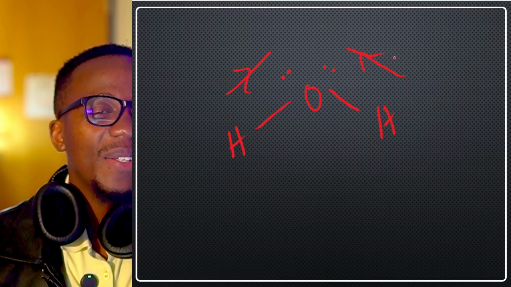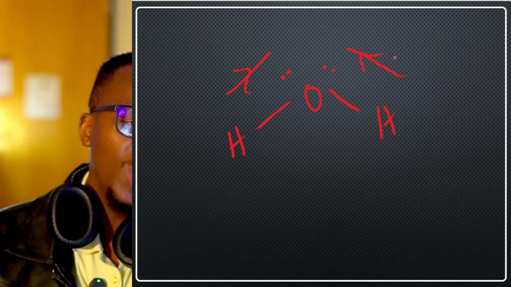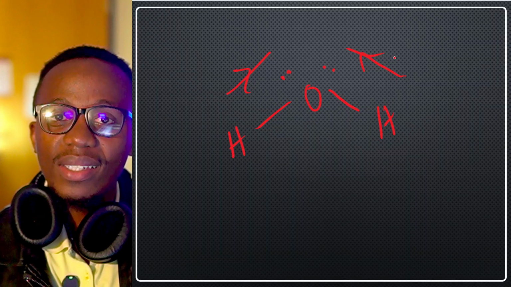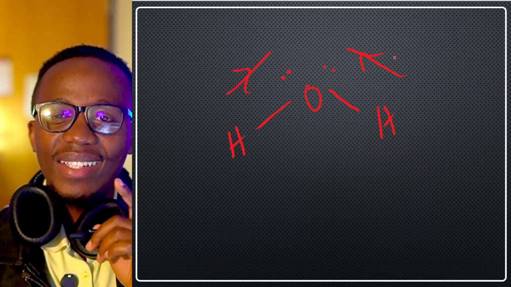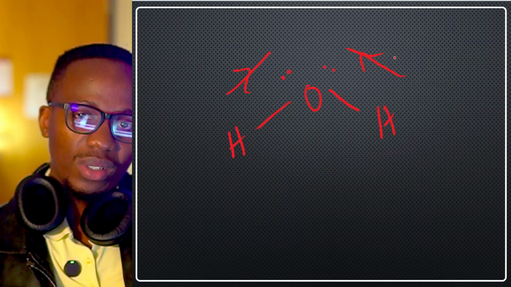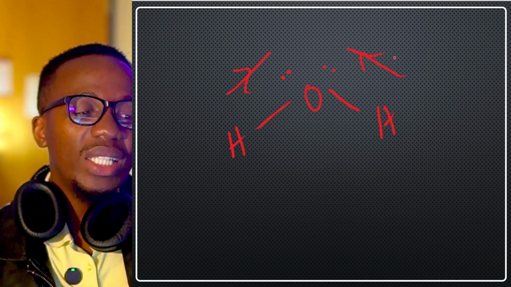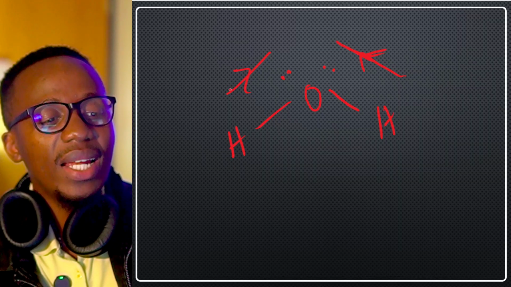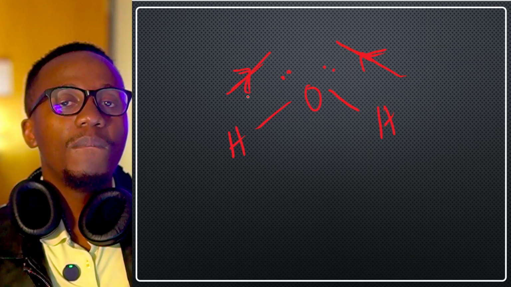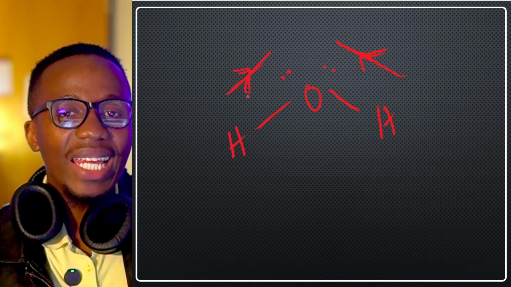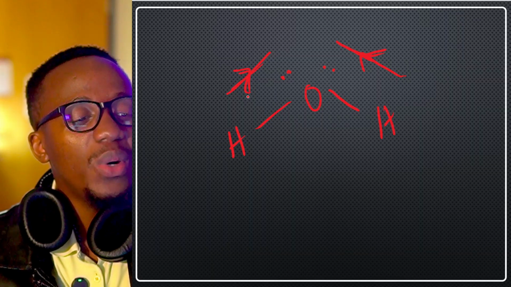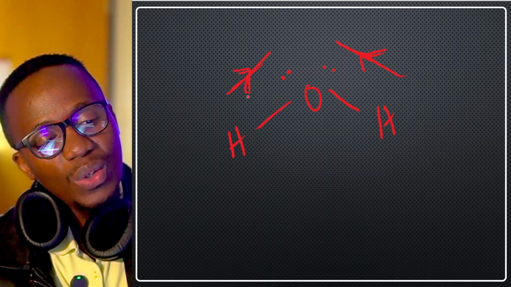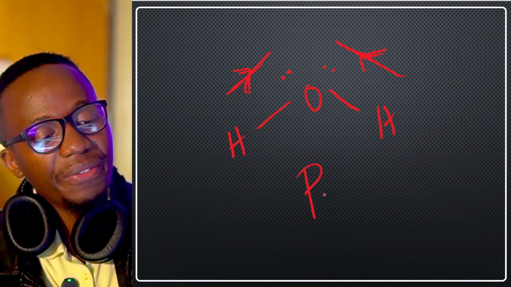This is the next level, because the geometry is bent, they will not cancel out. They will not cancel each other because one is going this way, the other one is going this way. They are equal, but they're not opposite. So they will actually add up. That's why H2O is actually very polar.